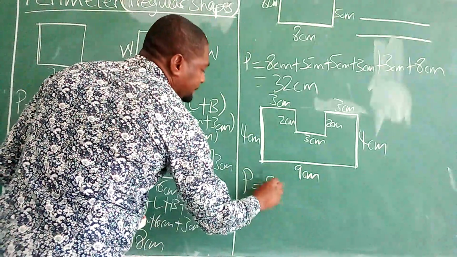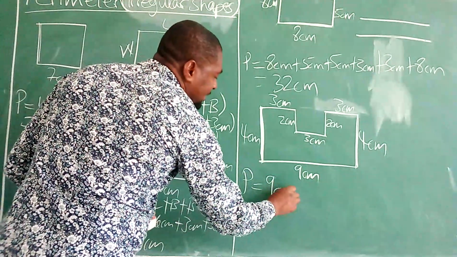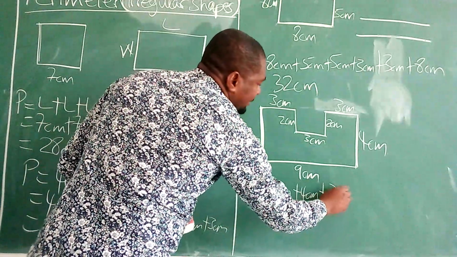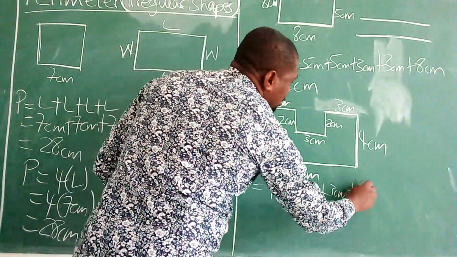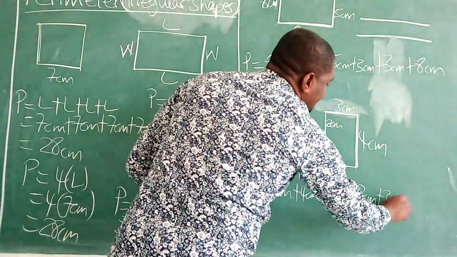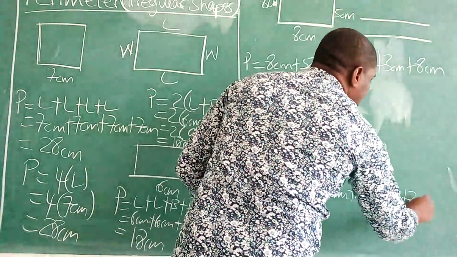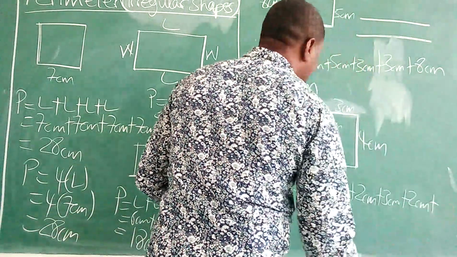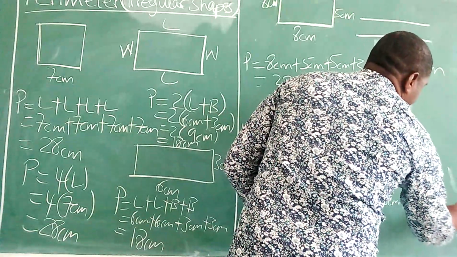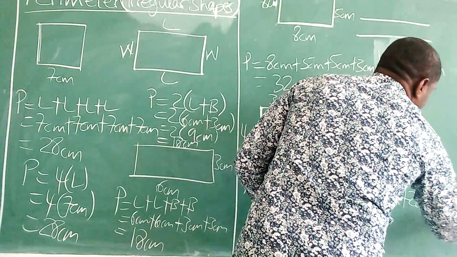Now let's find the perimeter. P equals what? 9 centimeters plus 4 centimeters plus 3 centimeters plus 2 centimeters plus 3 centimeters plus 2 centimeters plus 3 centimeters plus 4 centimeters.